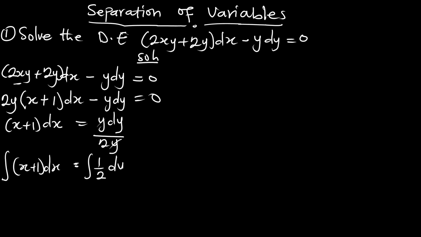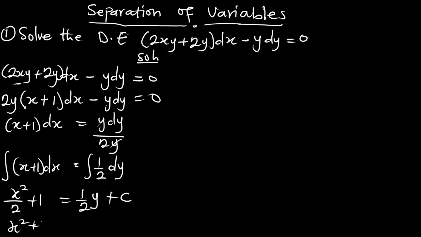If we apply our integration, we are going to have x squared over 2 plus x equal to, now the integral of 1/2 is going to be 1/2 of y, plus c. If we want to get rid of the fraction, we can multiply through by 2.